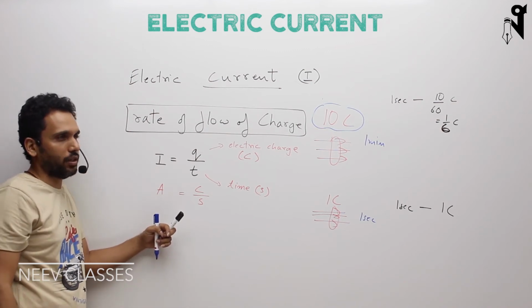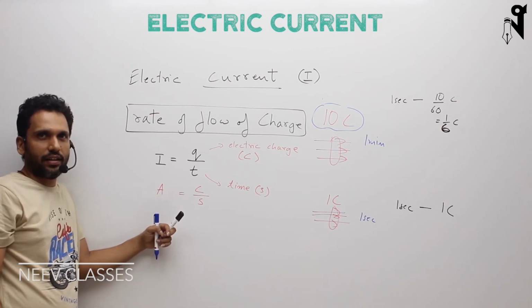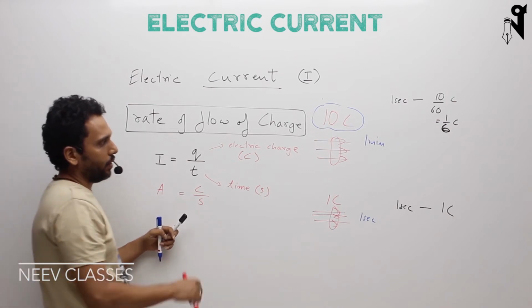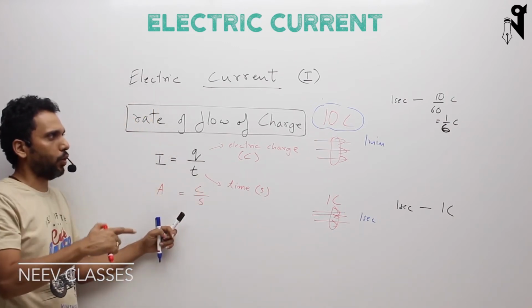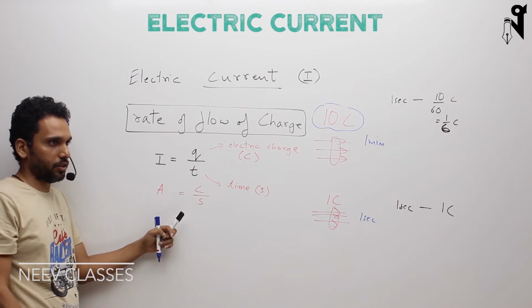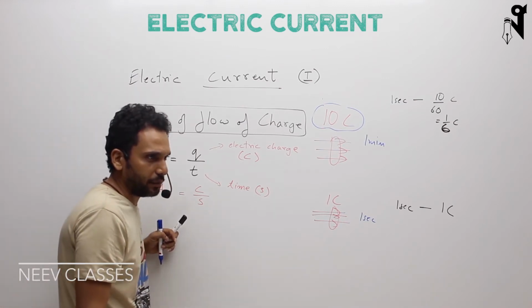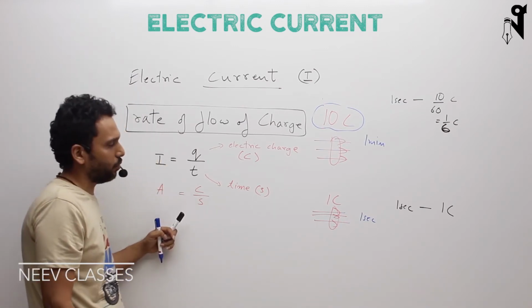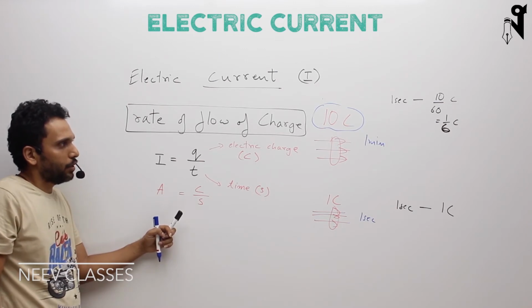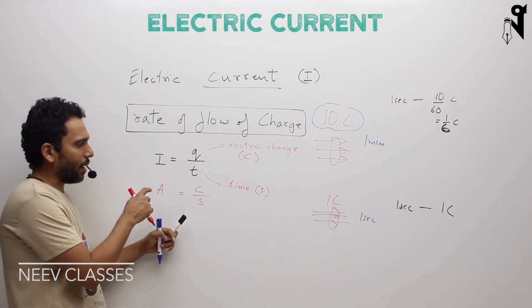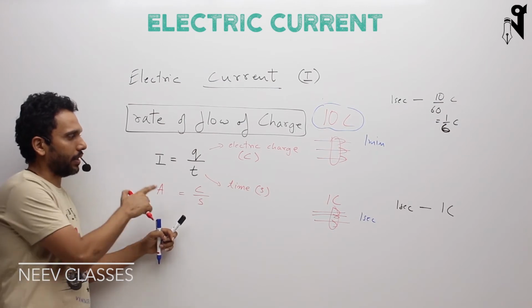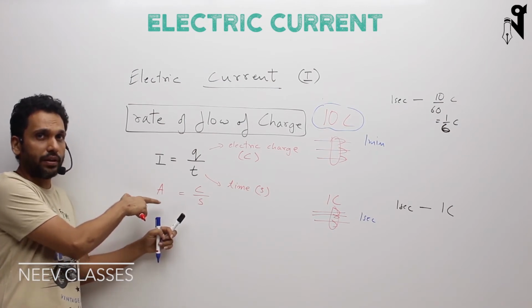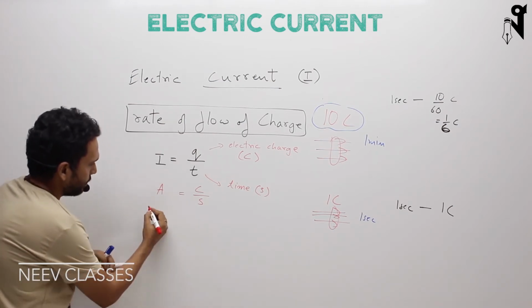It was the late 1700s and early 1800s when this guy did a lot of work and built a lot of devices. I think telegraphs and all were built by him. So to honor this guy Ampere, the current unit has been called ampere.